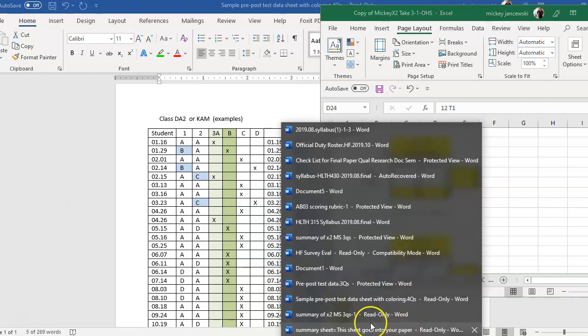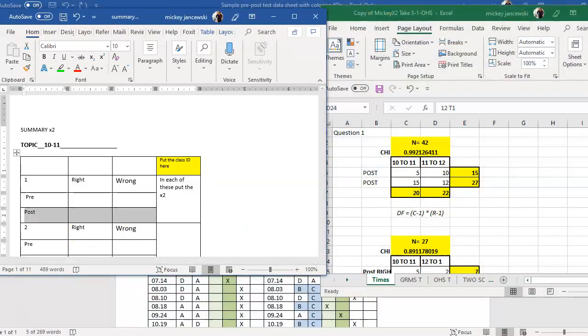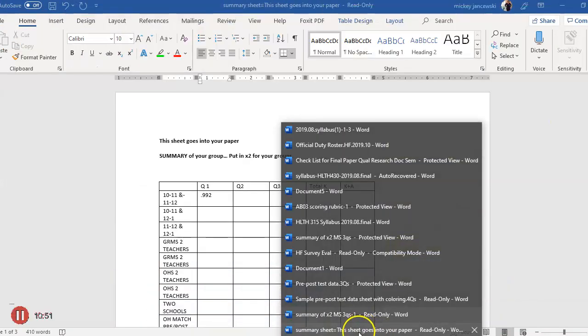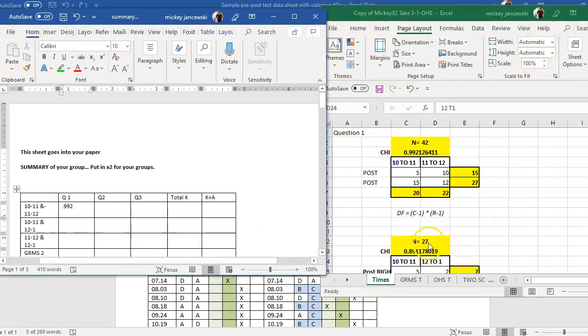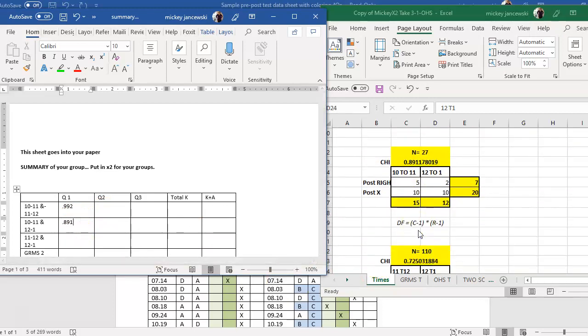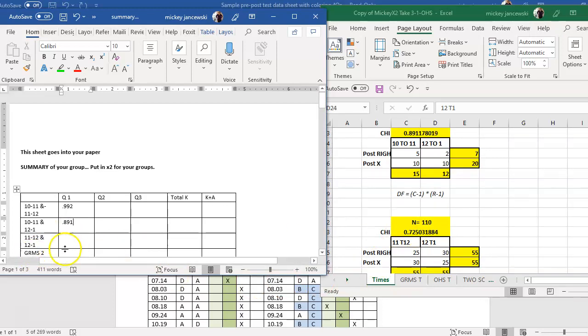Let me pull that back up on the sheet. So if this were your 10 to 11 to 12 to 1, we see that it's 0.891. And for the 11 to 12 and 12 to 1 question 1, we're taking that chi-square, which is 0.725.